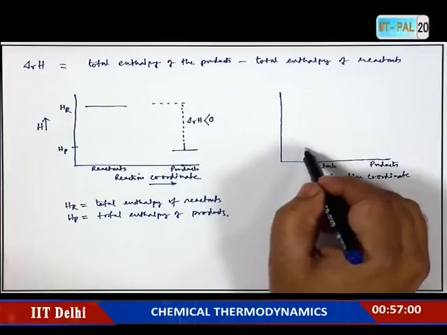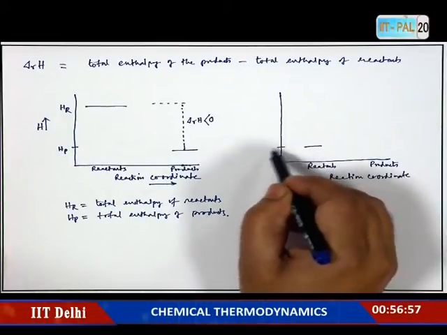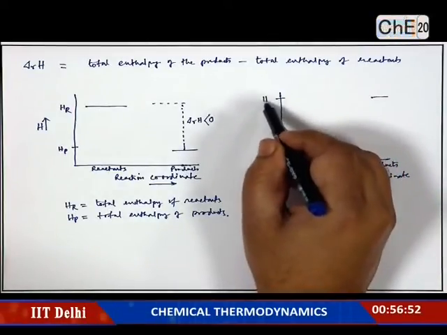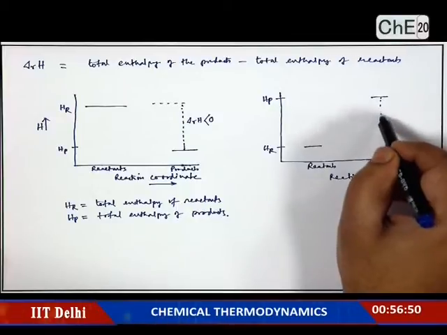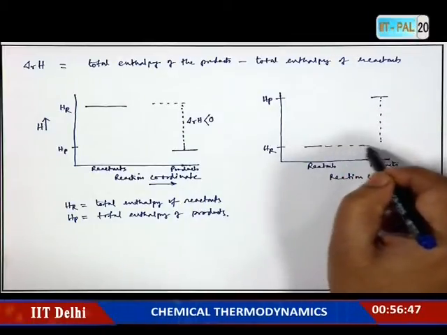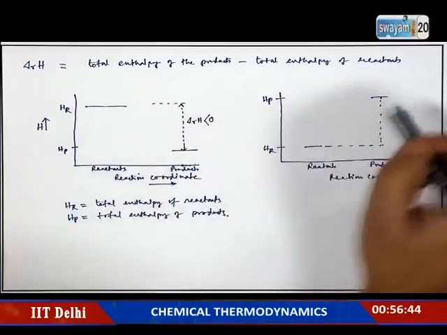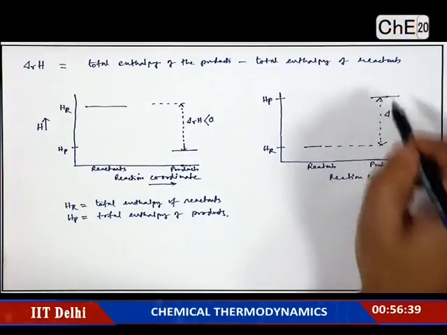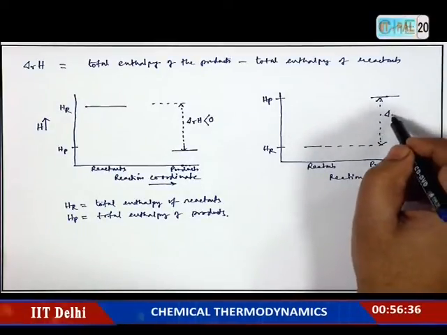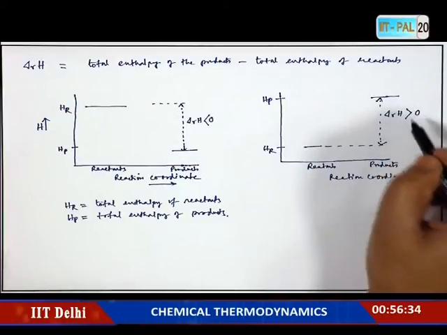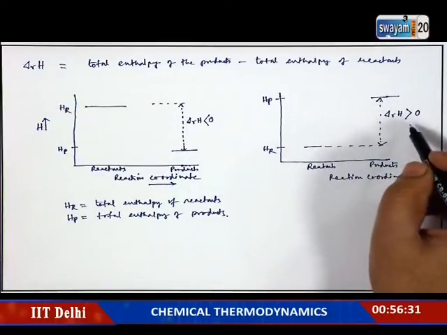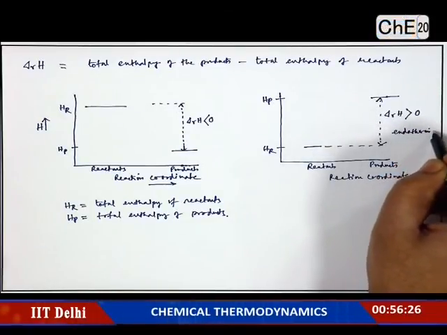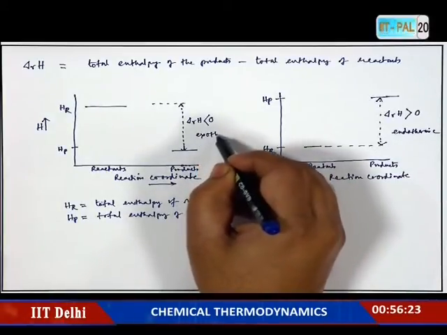Here the reactants are at a lower level, H R, and the products are at a higher level, H P. So, the difference, the product total enthalpy minus reactants, means the enthalpy of reaction is greater than 0. So, this is an endothermic reaction, and the other is an exothermic reaction.